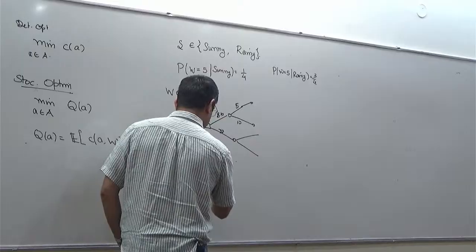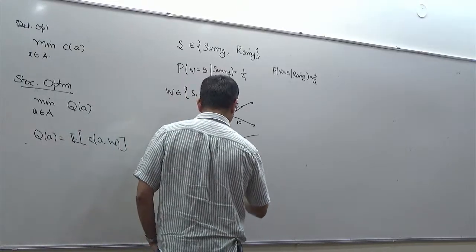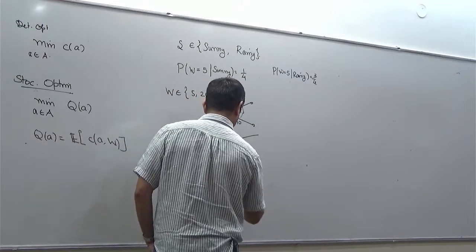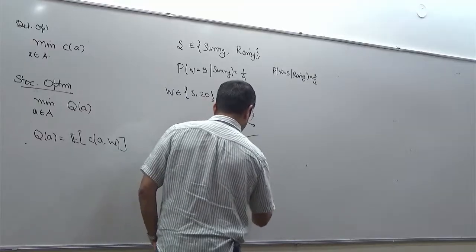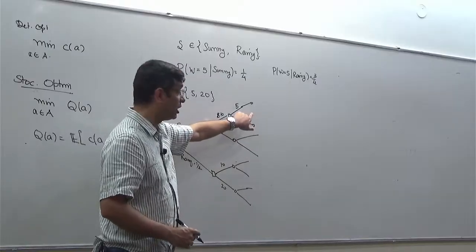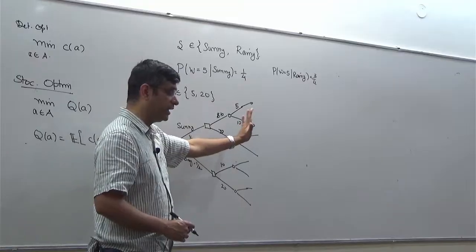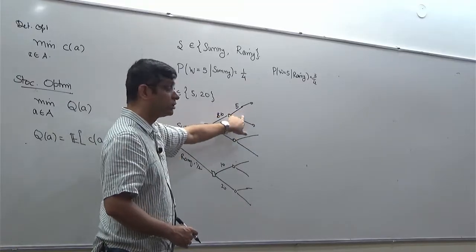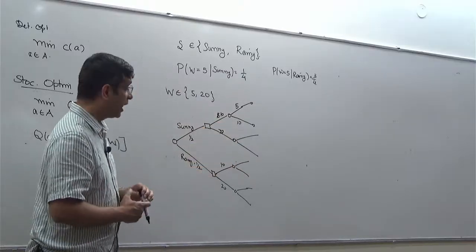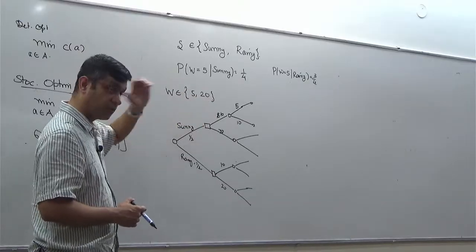And I have the same problem in the rainy day. The decision maker decides whether to buy 10 or 20. Nature decides 5 or 10. The difference now is that the distribution of W's on these final branches depends on what happened here, but I have drawn a complete tree, so I can compute these numbers as a function of which part of the tree I am in. Okay? And again, I have more alternatives here because I am considering a more complicated problem.